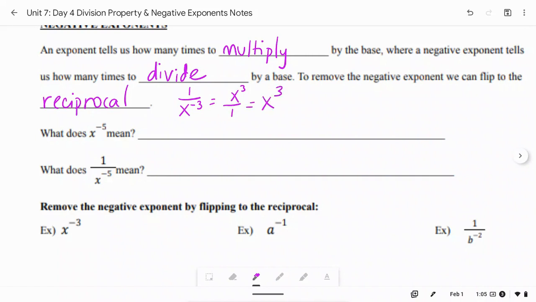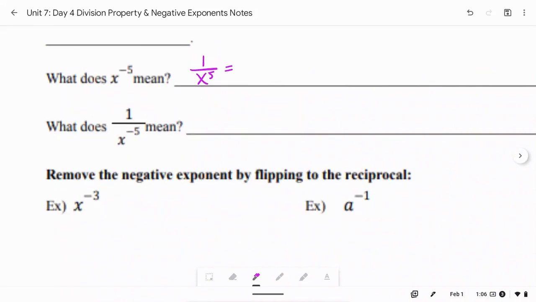So what actually does x to the negative 5 power mean? Well, that's the same thing as taking the reciprocal, so making it 1 over x to the positive 5 power. And 1 over x to the positive 5 power is the same thing as 1 over x times 1 over x times 1 over x times 1 over x times 1 over x.